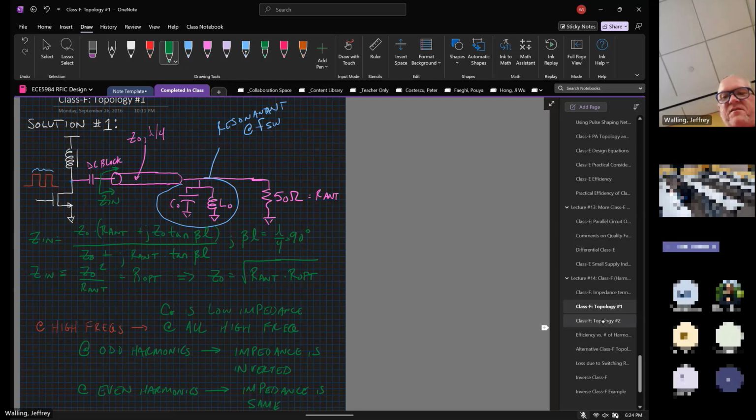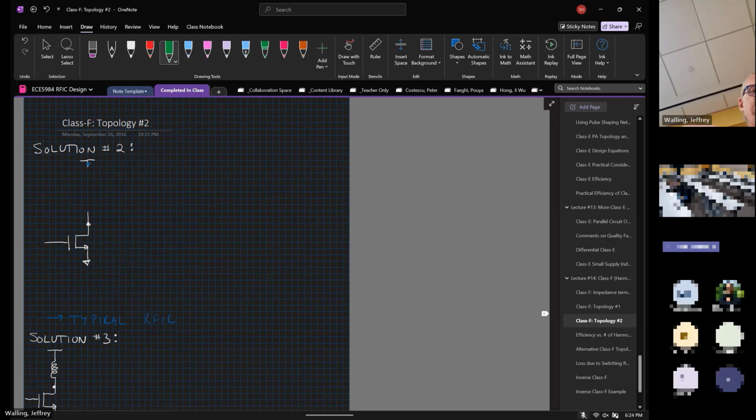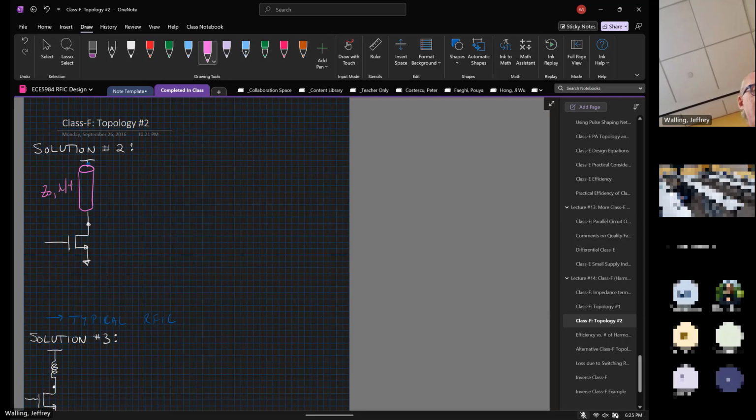All right, well, maybe if we reorient the transmission line. So let's try something like this. I just put my transmission line, make it Z0, lambda over 4, and I tie it right to the drain.